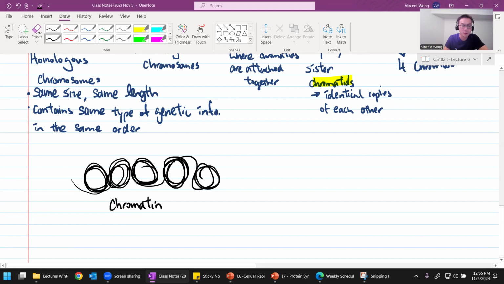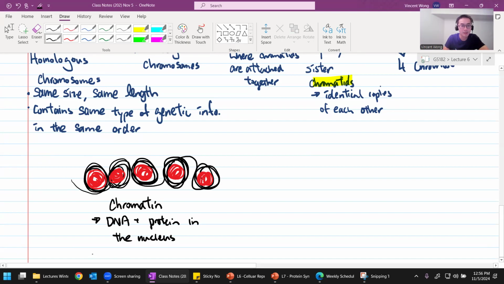Please do not confuse chromatin, T-I-N, with chromatid, T-I-D. They sound almost the same, it's very difficult to discern. But these are DNA wrapped around proteins. These red balls are proteins. So chromatin is basically DNA plus protein in the nucleus.